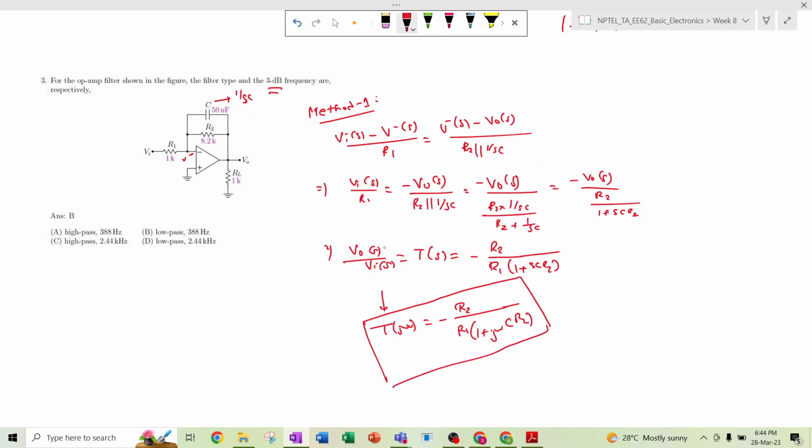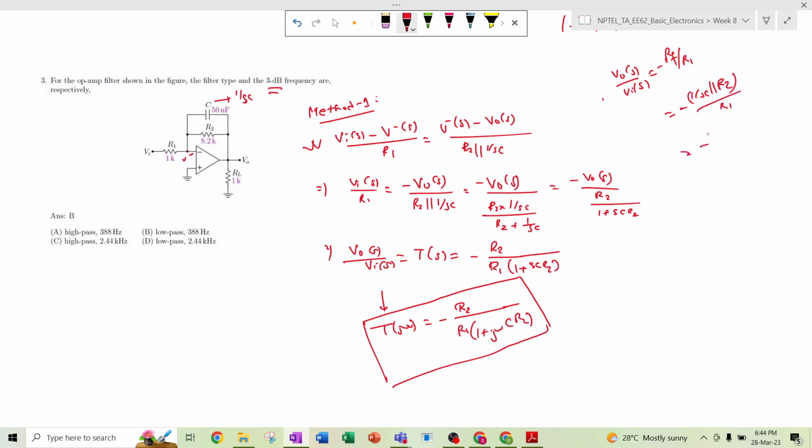We have done this KCL analysis, but simply you can write it using this. You already know that this is negative feedback, it's an ideal op amp, and the input is applied at the inverting terminal, so it is an inverting amplifier. According to the inverting amplifier, the output divided by input is basically minus RF by R1. In the feedback part there is 1 divided by sC parallel R2, divided by R1.